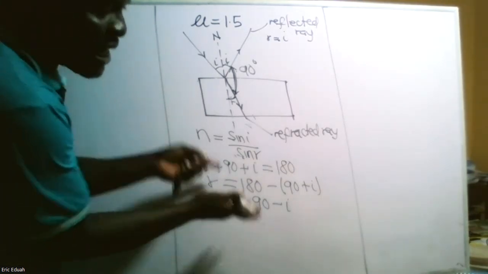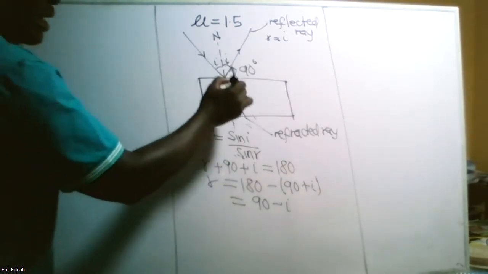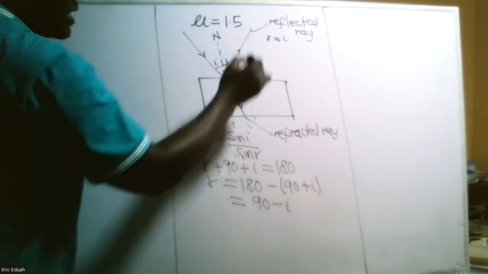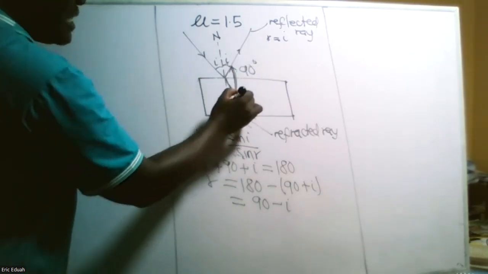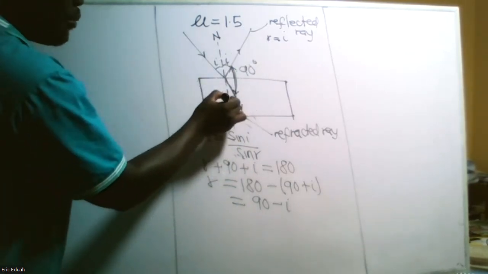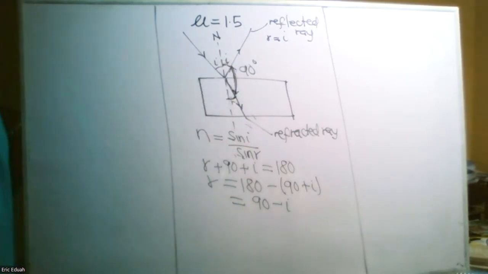Another way to do the same thing is that the angle between the reflected and then the refracted is 90. So the R plus this I must also sum up to be 90. Makovala, am I correct?